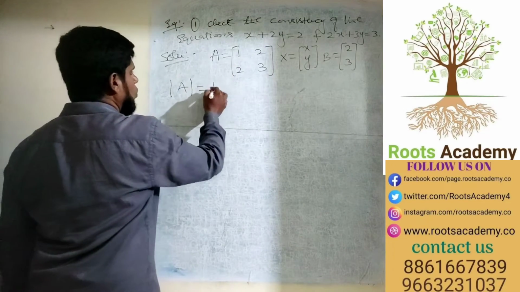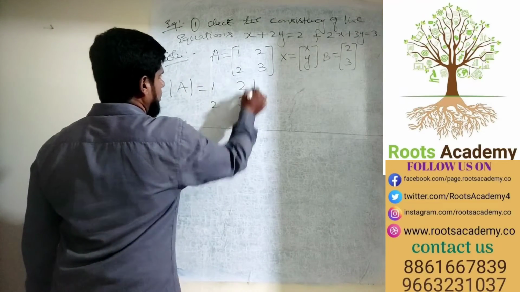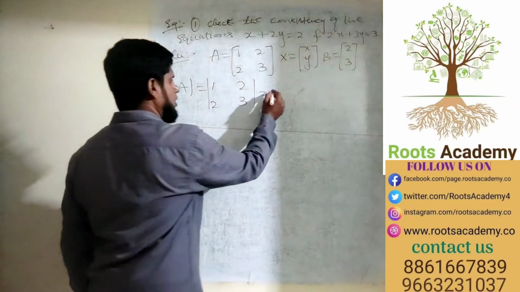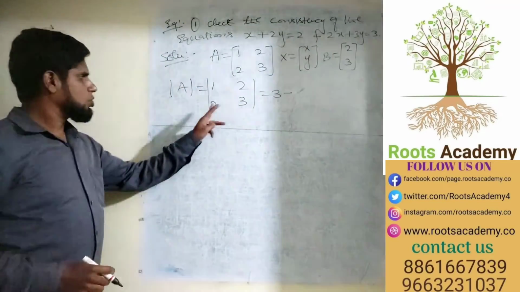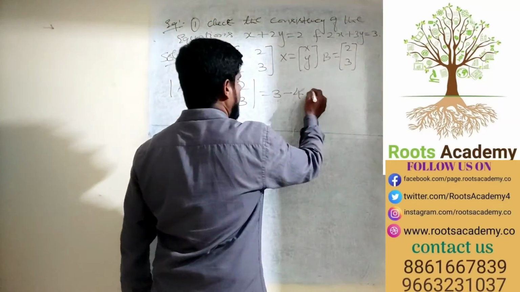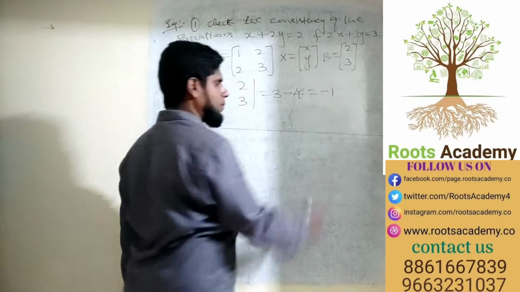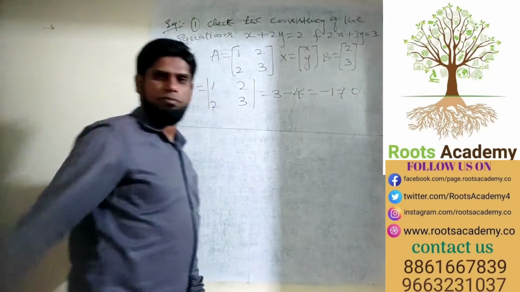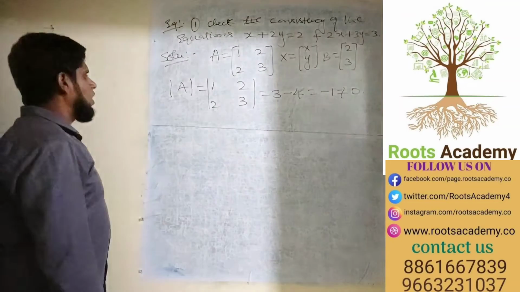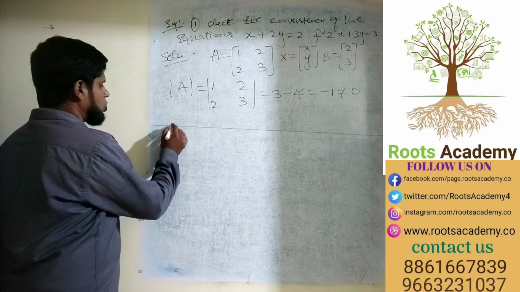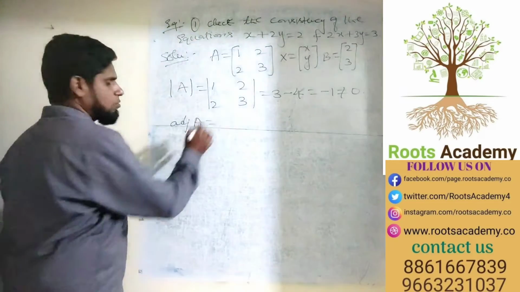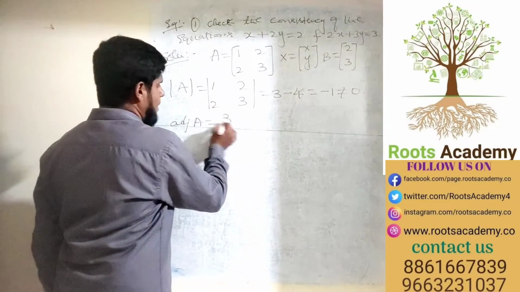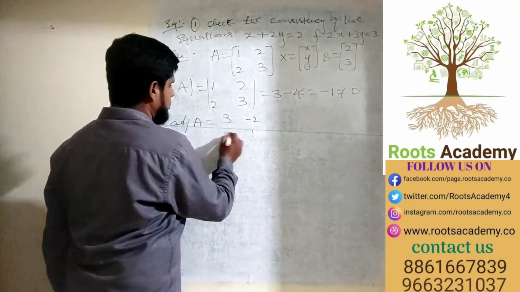Determinant A equals |1 2; 2 3|. What is the determinant here? 1 into 3 is 3, minus 2 into 2 is 4. So 3 minus 4 is minus 1. Student, this minus 1 is not equal to 0. After this, let me take the adjoint directly using the shortcut method, since it is 2 cross 2. What is the adjoint of this? 3, minus 2, minus 2, 1.